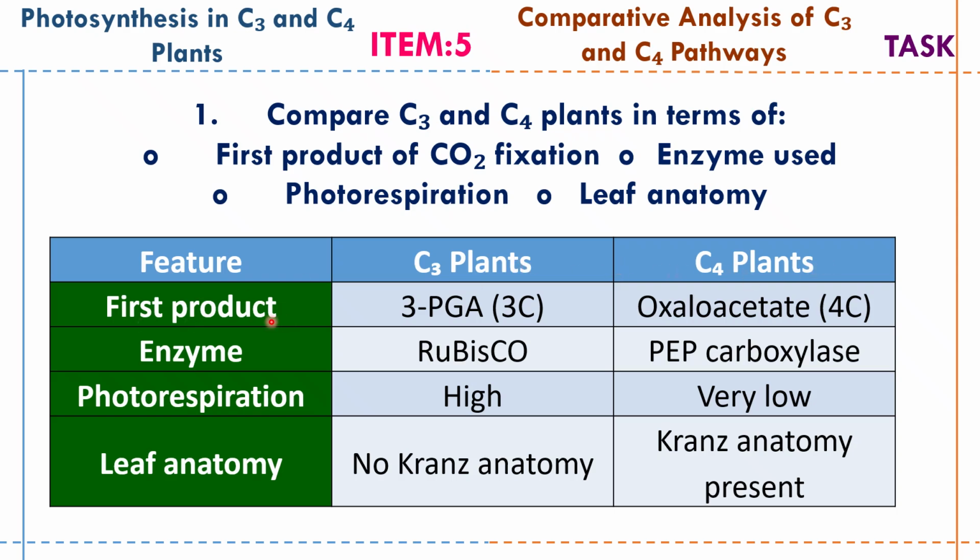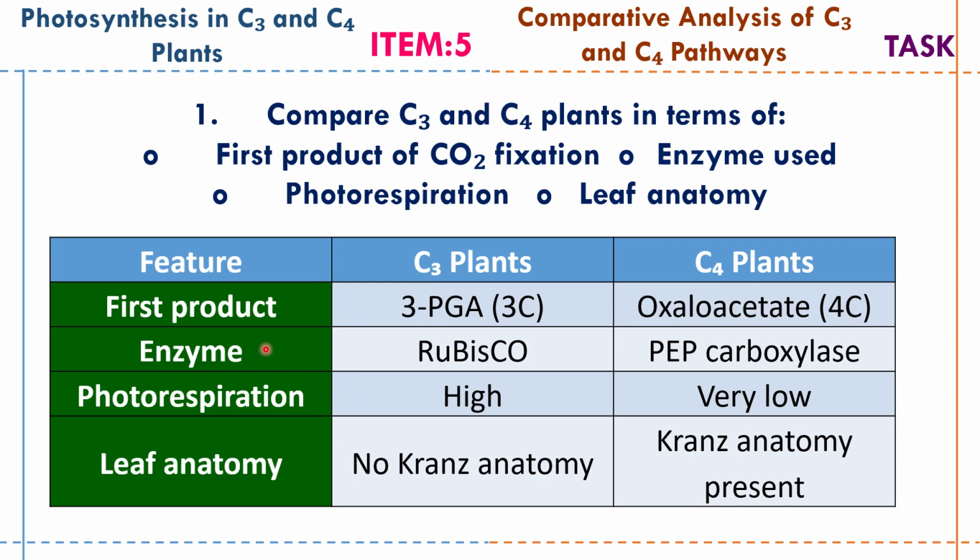The first product in C3 is 3-phosphoglyceric acid, a 3-carbon compound. In C4 plants, the first product is oxaloacetate, a 4-carbon compound.